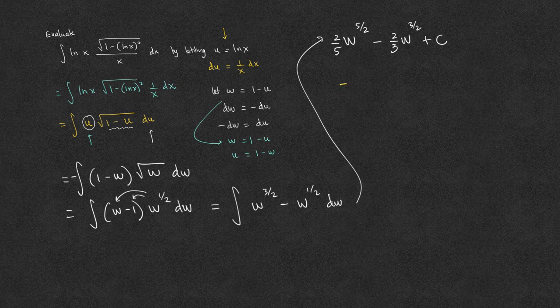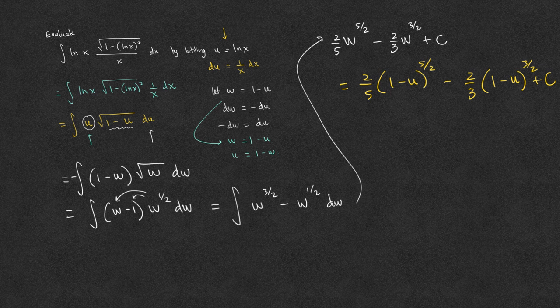But w is 1 minus u, so this is 2 over 5, 1 minus u to the 5 half power minus 2 over 3, 1 minus u to the 3 half, plus C.